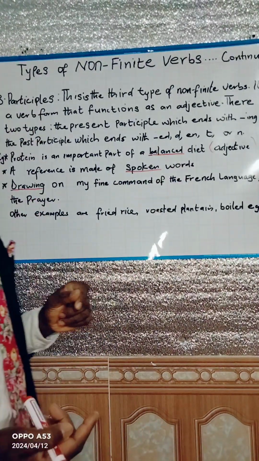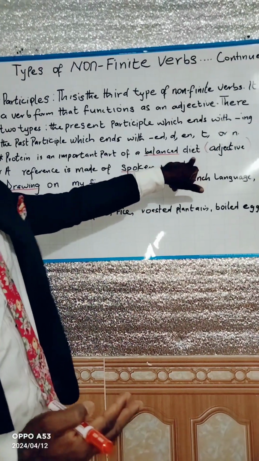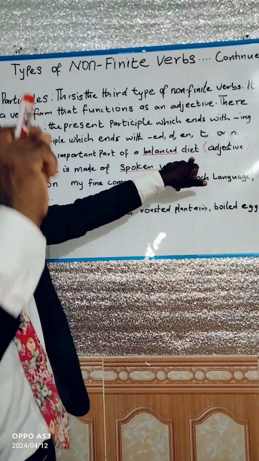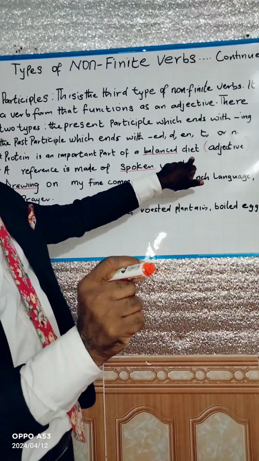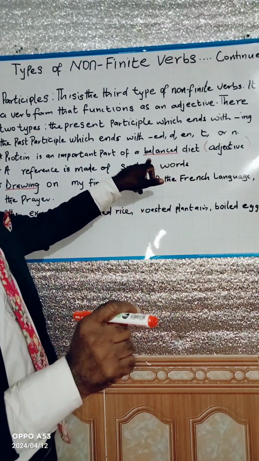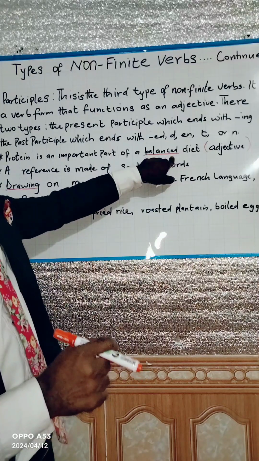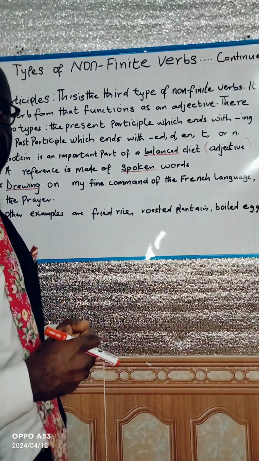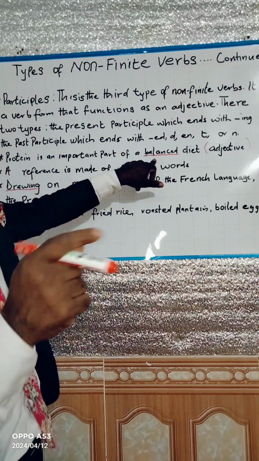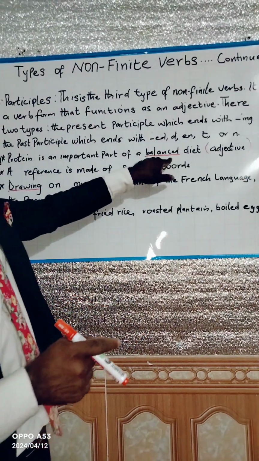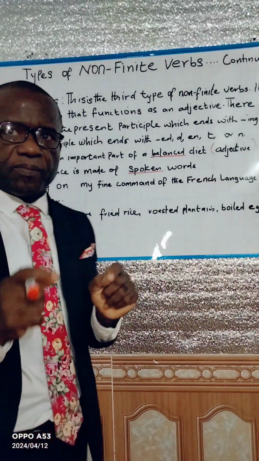Now, of course, you can see that it is qualifying diet, showing us a type of diet. So, it is a participle. Now, notice that it has the past tense marker ed. So, balanced is a non-finite verb, a participle, and it's qualifying the noun diet by showing us the type of diet.